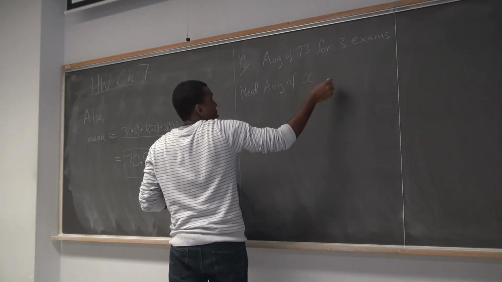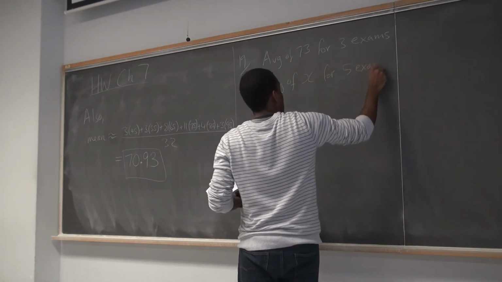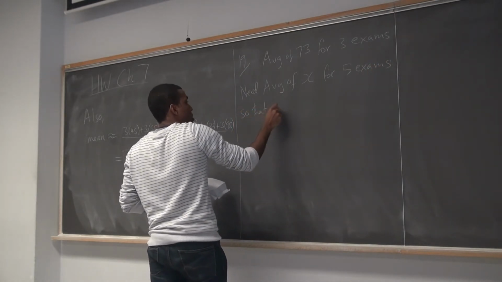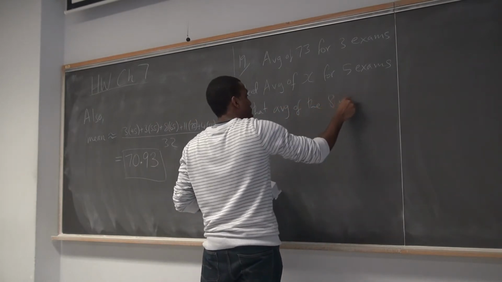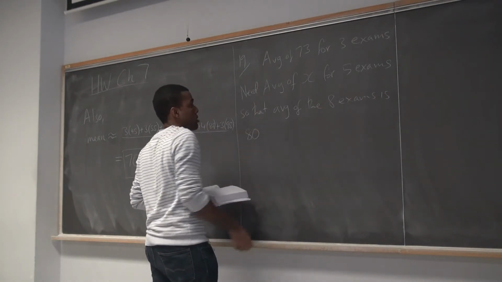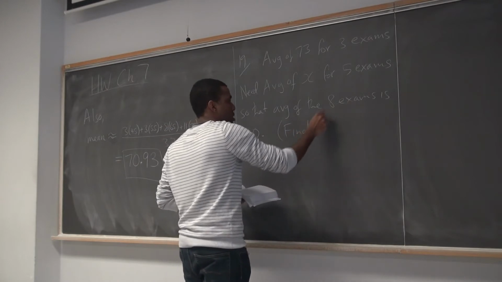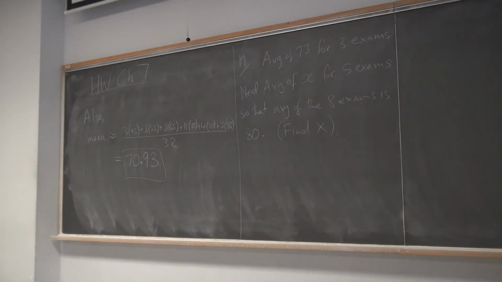Let's call it X for 5 exams, so that the average of the 8 exams is 80. Right? So in other words, basically you need to find X. What's the average grade? Okay. Any ideas on how to attack that?